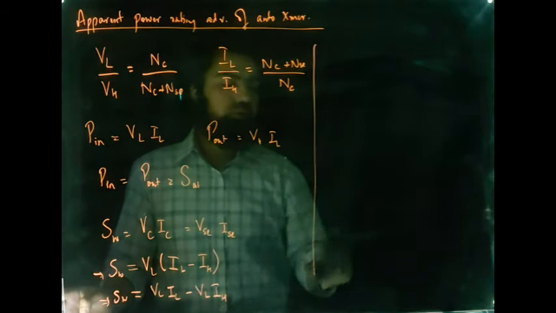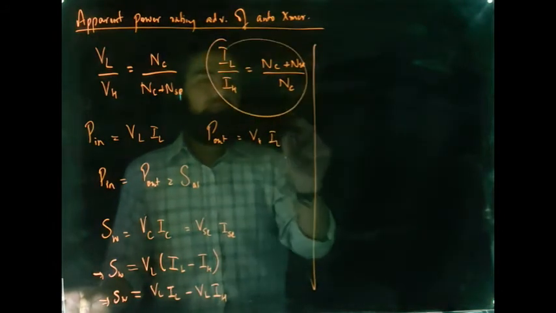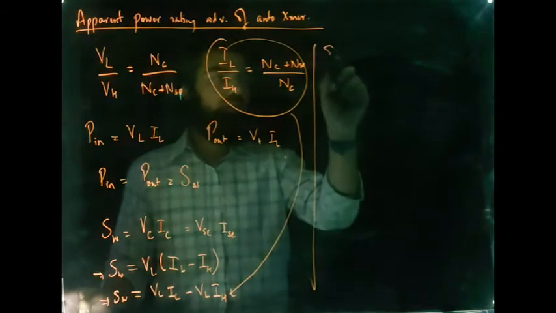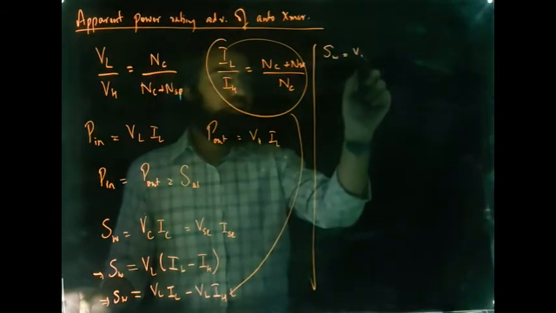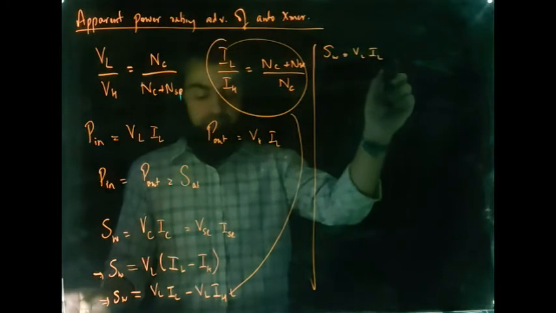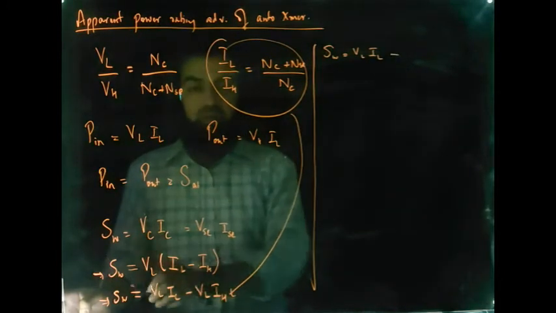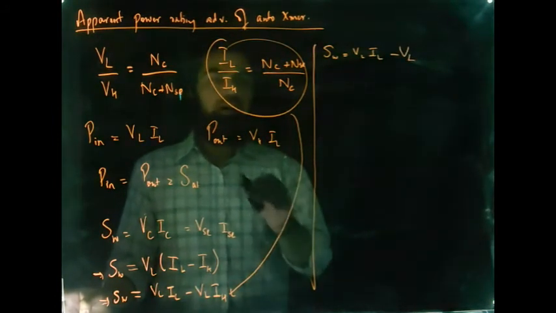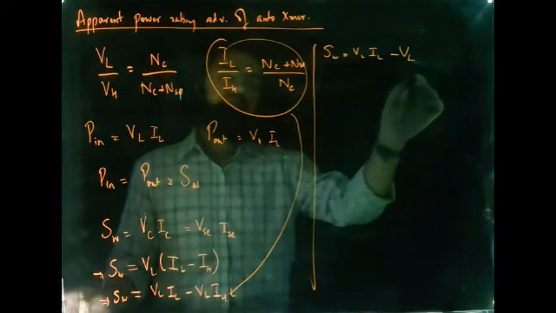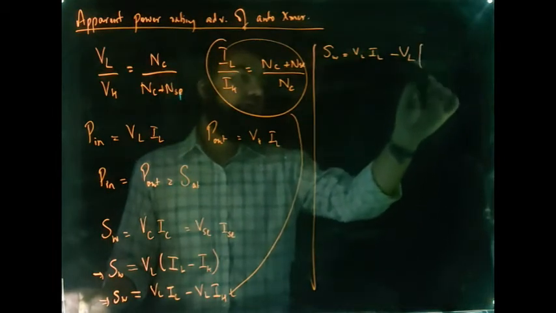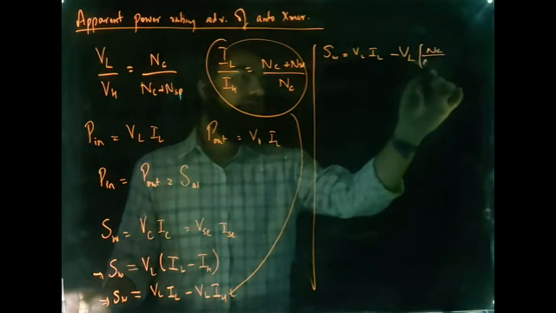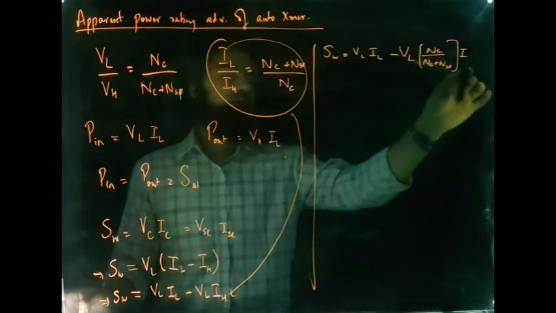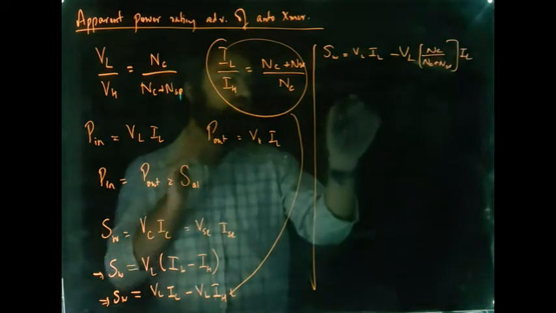Now substituting for IH, SW will be equal to VL IL minus, this is the power rating of the winding, VL times, instead of IH, NC divided by NC plus NSC times IL.